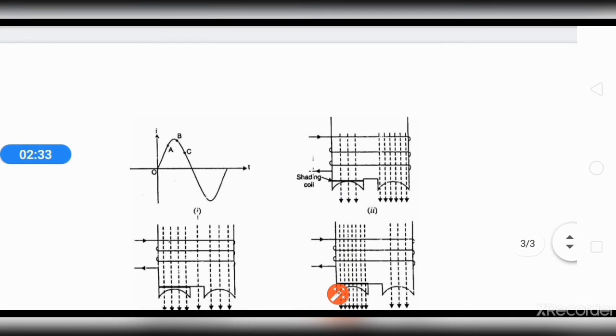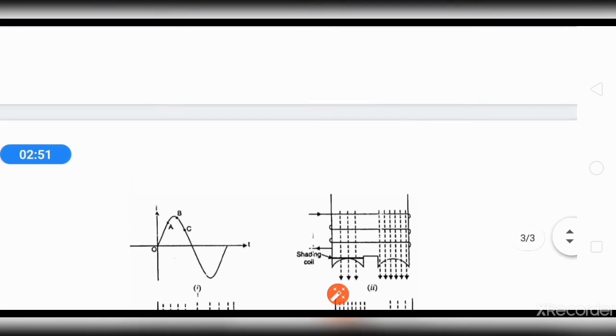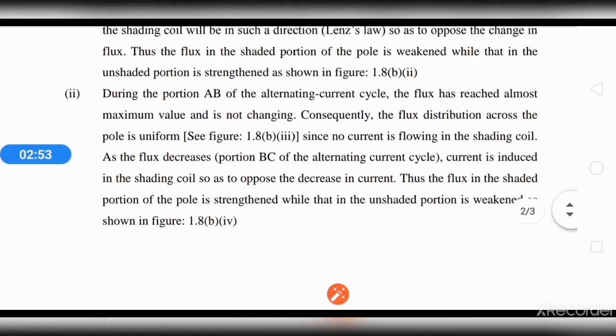So here we can see that in the unshaded portion the flux lines are more, and in the shaded portion the flux lines are less. This is the basic difference, shown with the OA portion of the supply curve.